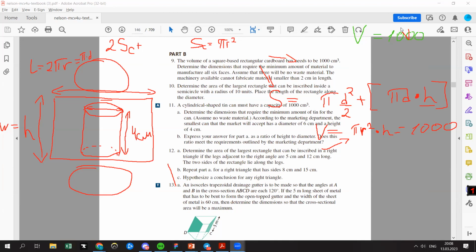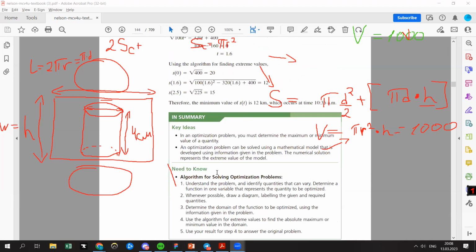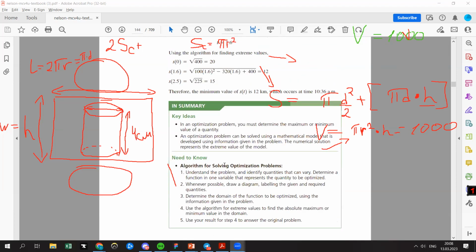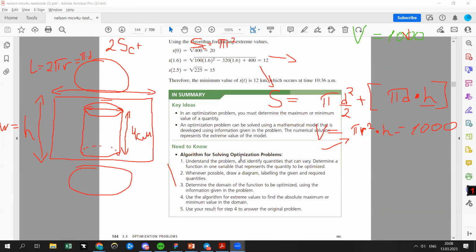So I would remind you that in this chapter, let's scroll a little bit up. Optimization problem, right? And what do we use for optimization problem? Here's basically what you need to know. And one thing I see right away, determine the domain of the function to be optimized using the information given in the problem.